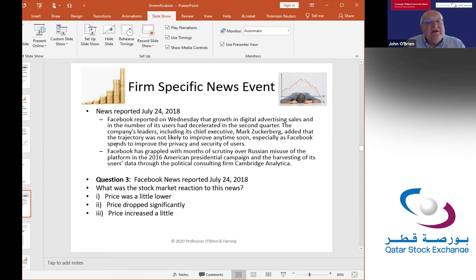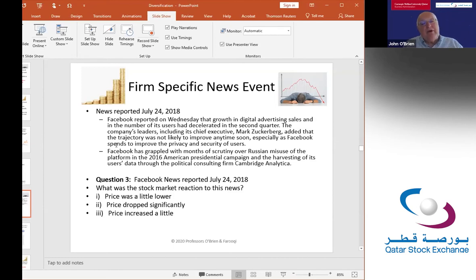The company's leaders, including Chief Executive Mark Zuckerberg, added that the trajectory was not likely to improve anytime soon, especially as Facebook speeds to improve privacy and security of users.